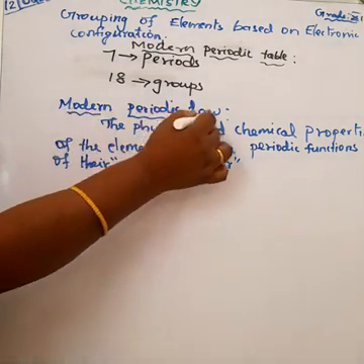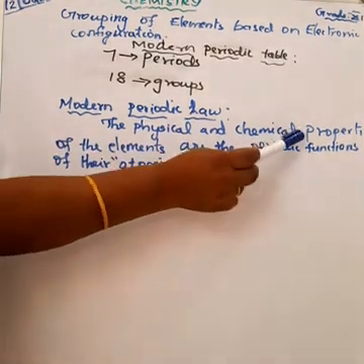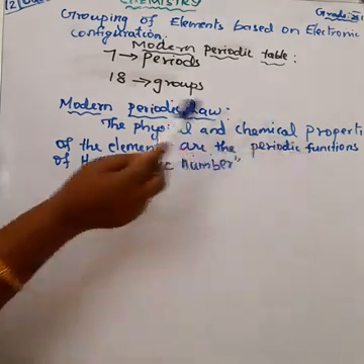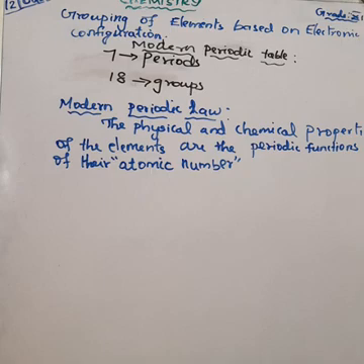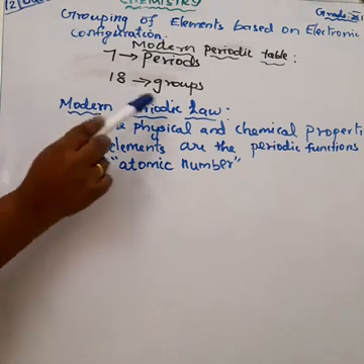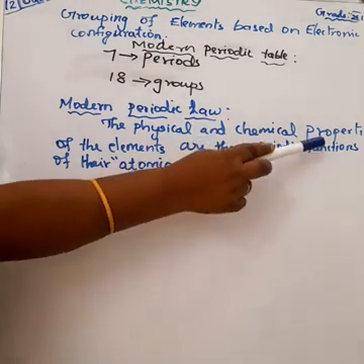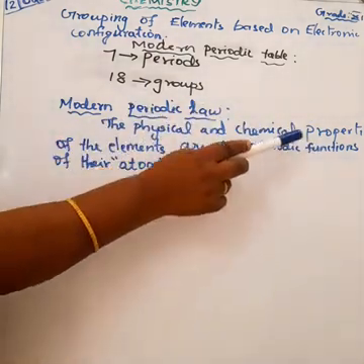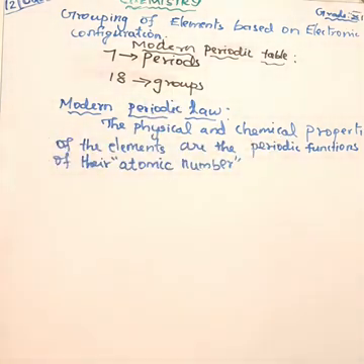What do you mean by modern periodic law? The physical and chemical properties of the elements are periodic functions of their atomic number. Understood?